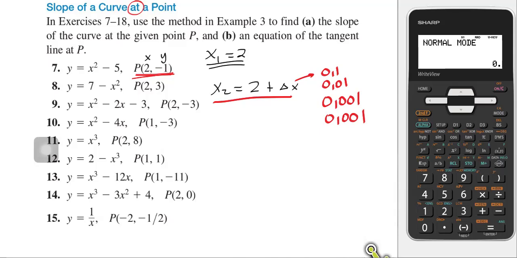I'll just call it m for now. You know you need y2 minus y1. Am I right? Yes. For y2, you must substitute x2: the 2 plus delta x must go in place of x.